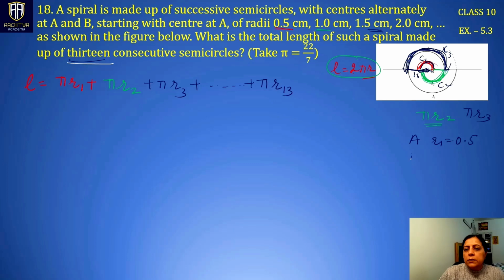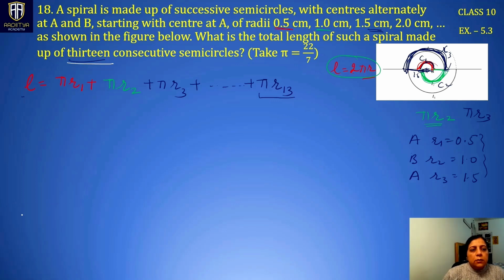Then center B, R2 is 1.0. Again center A, R3 is 1.5. You can see that the radii are increasing in a fixed manner. So in such a way we can draw up to 13 semicircles and we have to find the total length of all the semicircles which are making this spiral.